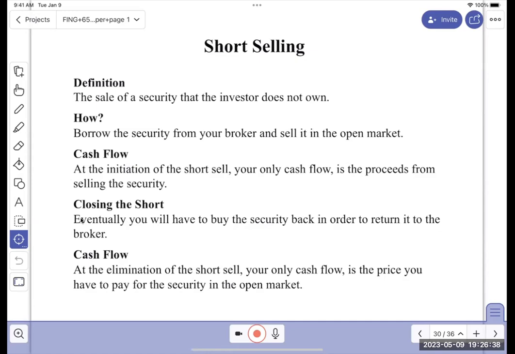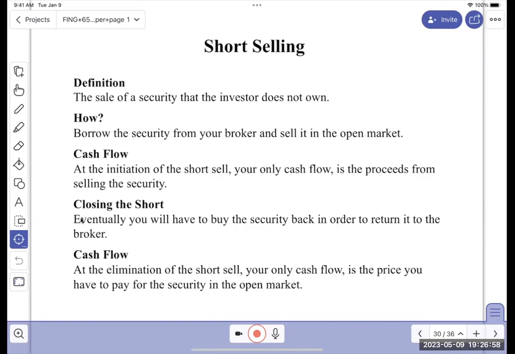In this case, we're going to use the proceeds of the sale of a borrowed T-bill, a shorted T-bill, and invest in the market portfolio. Okay, that's what we're going to do with the money.